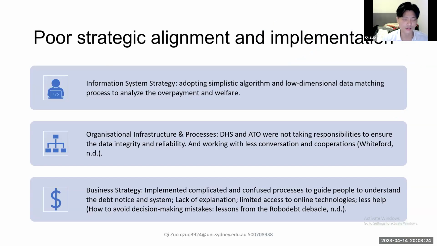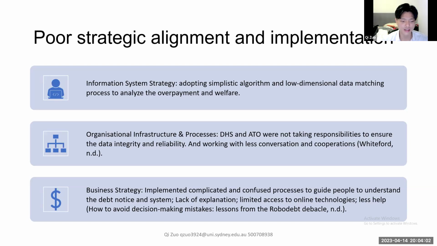And last but not least, the Robodebt team implemented poor strategy alignment and implementation. In the information system strategy, they adopted a simplistic algorithm and a one-dimensional data matching process to analyze overpayment of welfare. Second, in organization infrastructure and processes, DHS and ATO did not take responsibility to ensure data integrity and reliability, and they worked together with little conversation and cooperation.